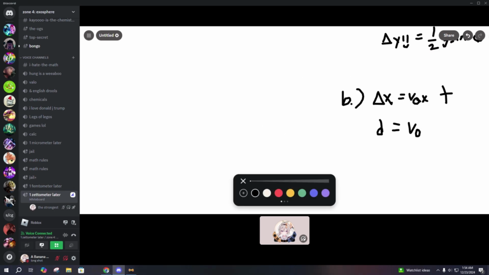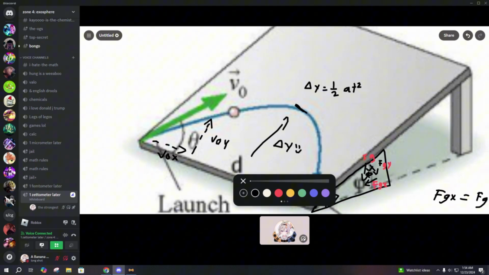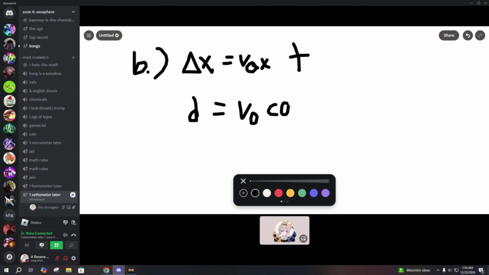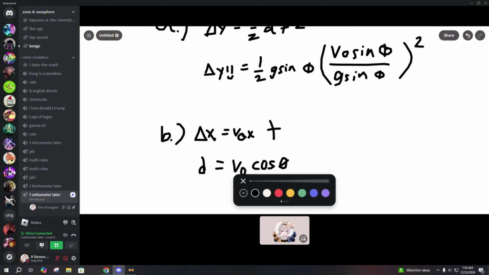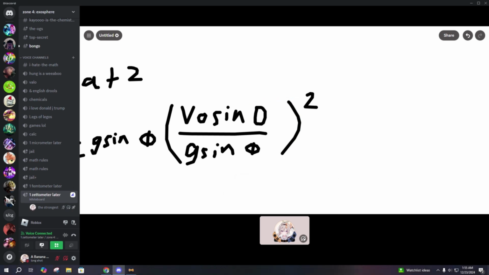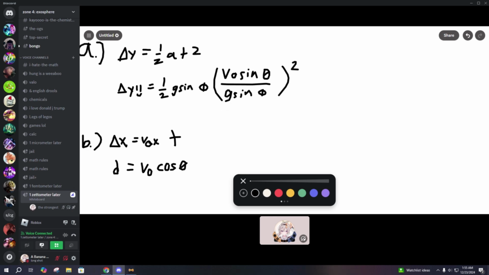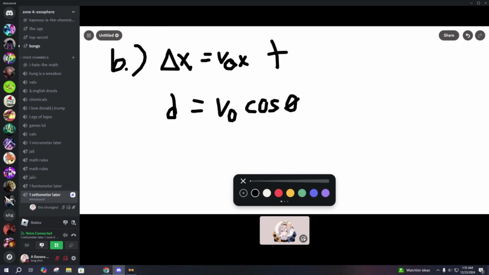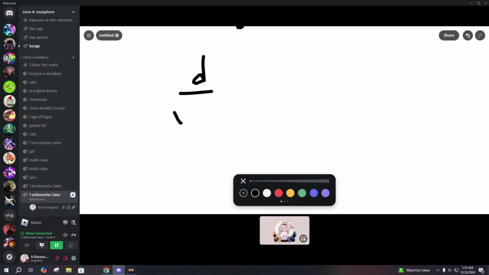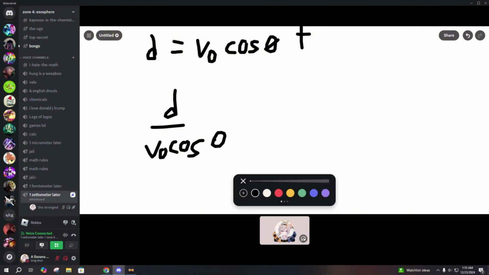This is VO, but VOX is cosine because it's adjacent to theta. That's cosine theta. This is VO sine theta. The one at the bottom is phi. So then I know that delta x over VO cos theta is equal to T.